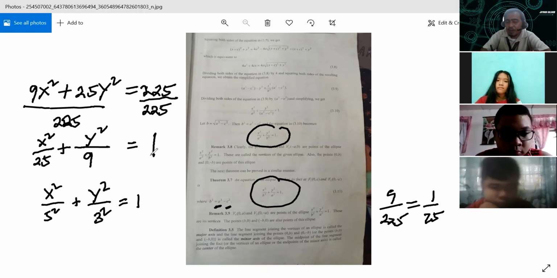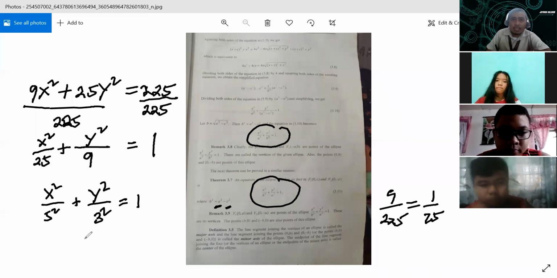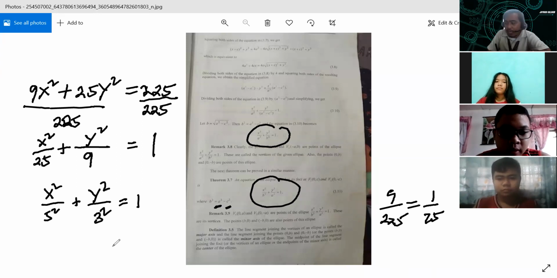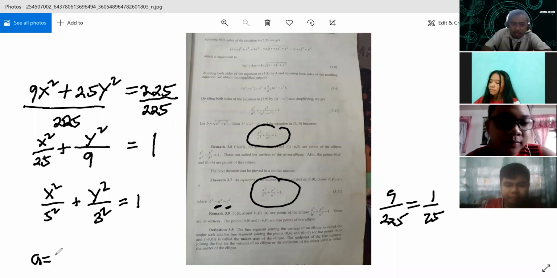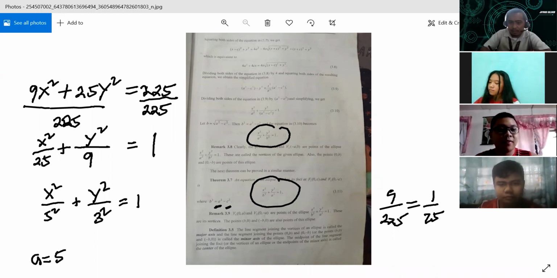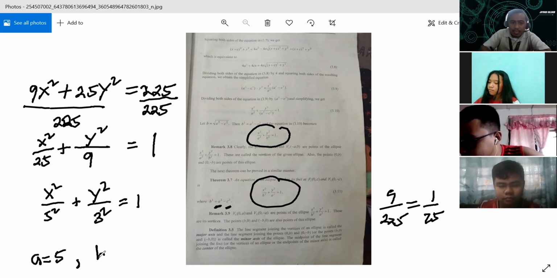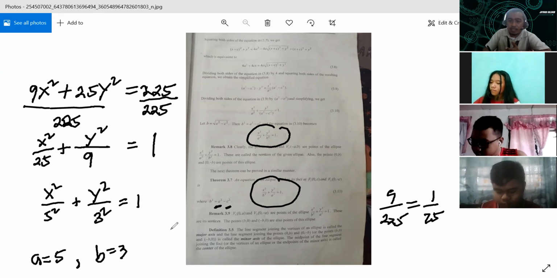Remember, in the formula, it should be a and b, right? So all you have to remember is, whichever is bigger of the two, that will be your a. So your a here should be the 5 squared. Okay? So it is clear now that your a is 5. Agree? While your b is 3. We don't have the c yet.